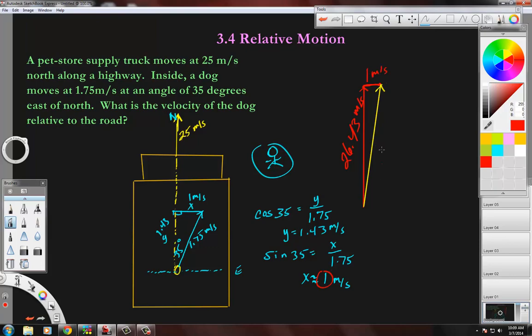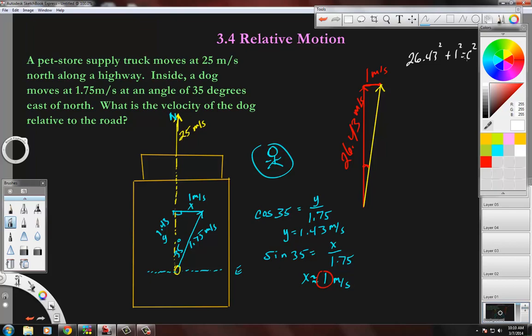So what we need to find is not only the length of that yellow velocity vector, but this angle in here as well. And the angle is very, very small. So to find the length of the line, we would do Pythagorean theorem on it, and we would have 26.43 squared plus 1 squared equals c squared.